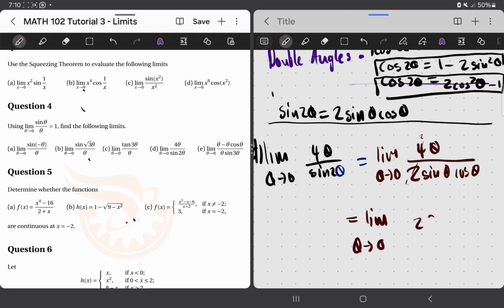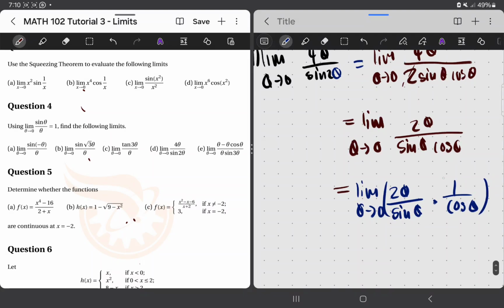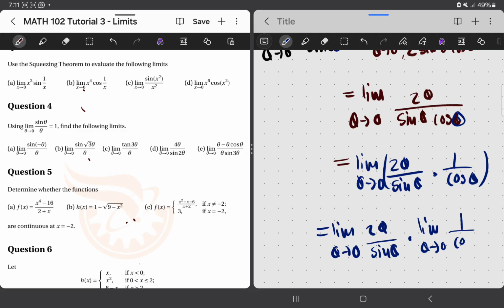So we can say it's 2 theta over sine theta cos theta, which is equal to the limit as theta goes to 0 of 2 theta over sine theta times 1 over cos theta.